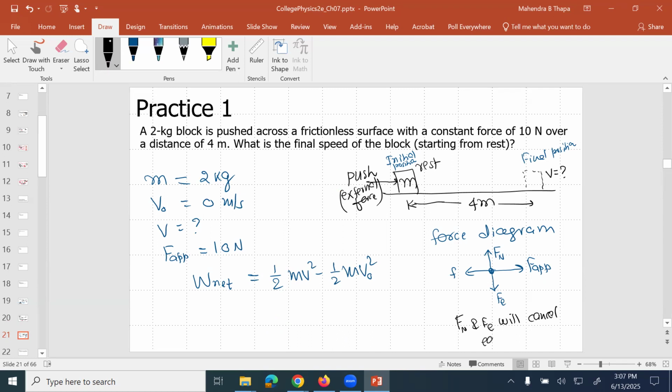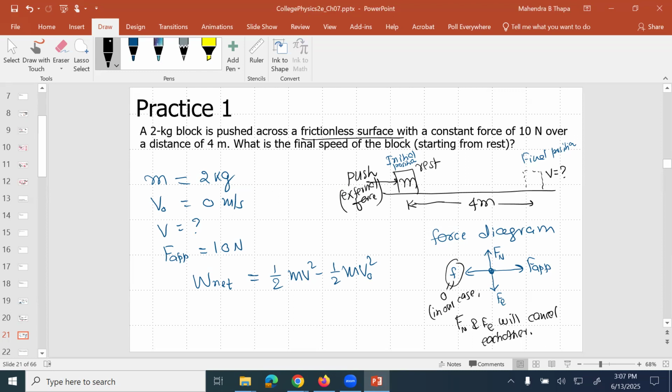Friction is 0 in our case because this is a frictionless surface.